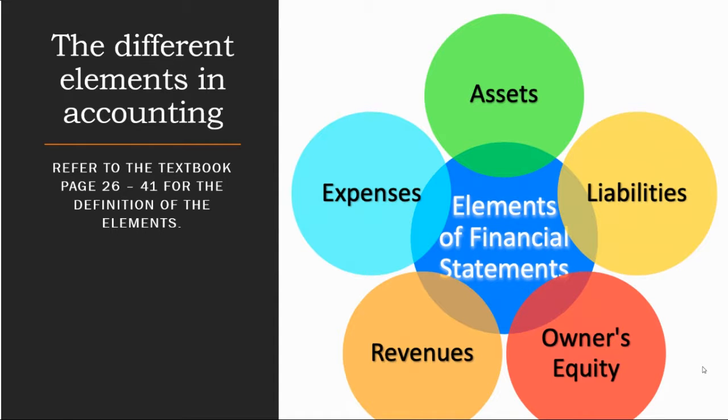Owner's equity is the difference between your assets and your liabilities, which shows us the net worth of the owner in your business. Okay, now what is very important specifically for equity, and we call this the business entity rule, is we are only allowed to record the owner's wealth within the business. So his personal wealth outside of the business will not be accounted for in our business financial statements.